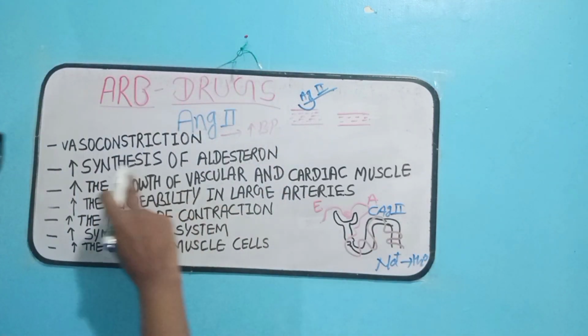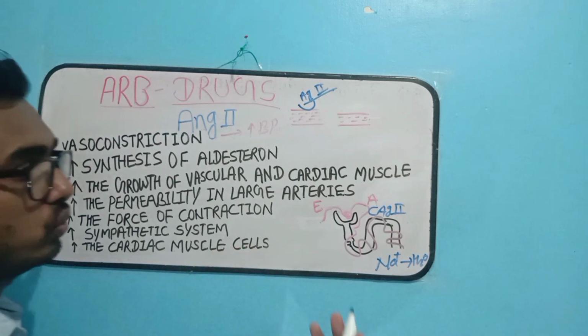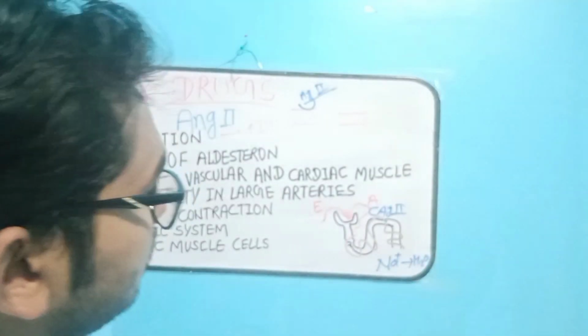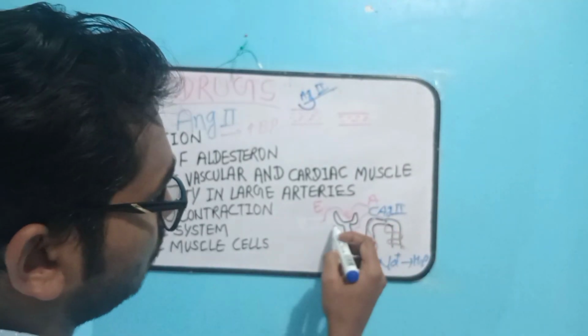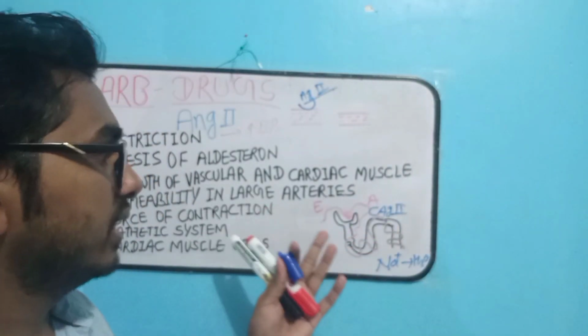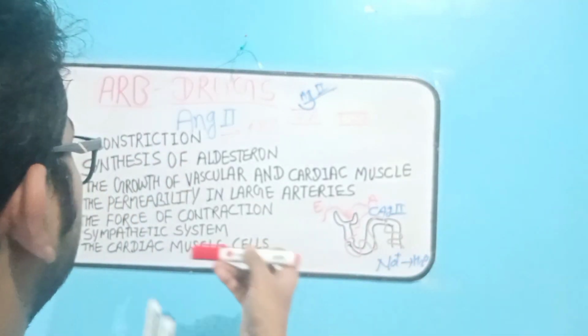So when it increases the synthesis of aldosterone, that leads to retention of salt and water, which leads to an increase in blood volume. An increase in blood volume also leads to an increase in blood pressure.